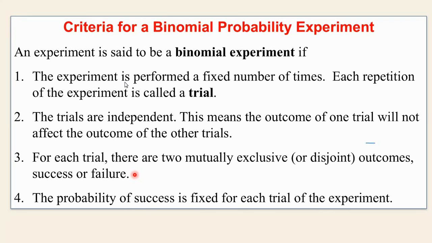Out of 10 times, how many heads did we get? So here we are interested in the heads. So we name obtaining a head as a success, and obtaining a tail as a failure. The outcome in which you are interested, we name as a success, and the other outcome we name as a failure.